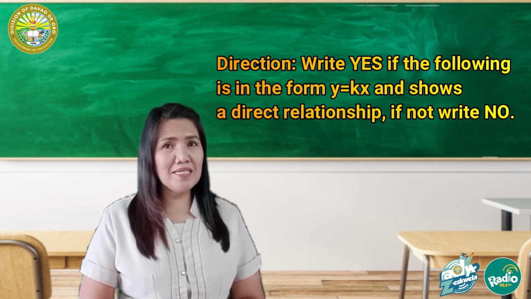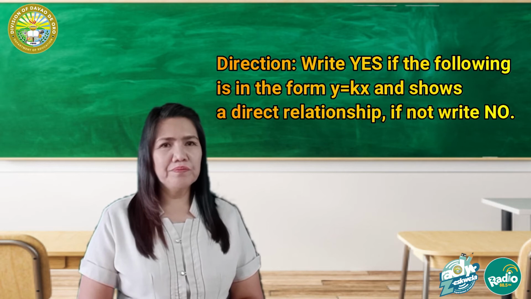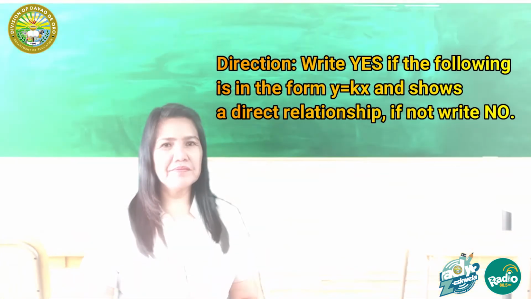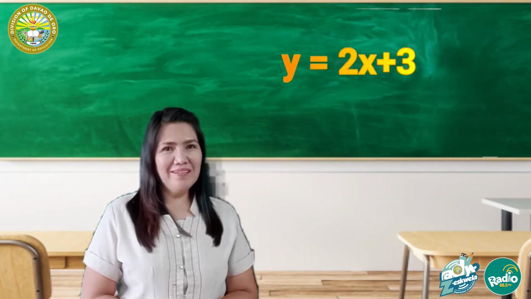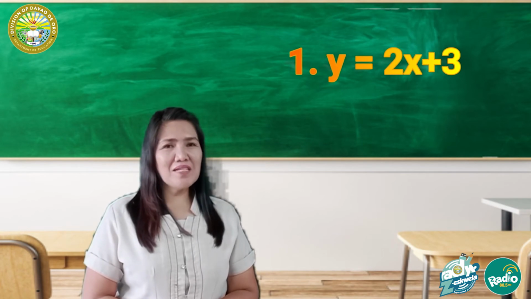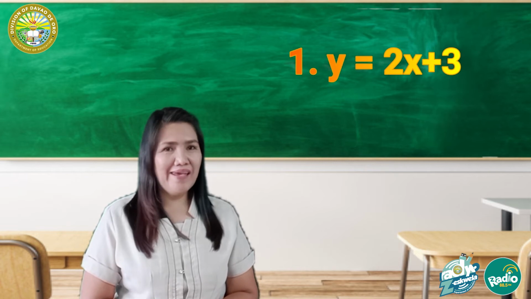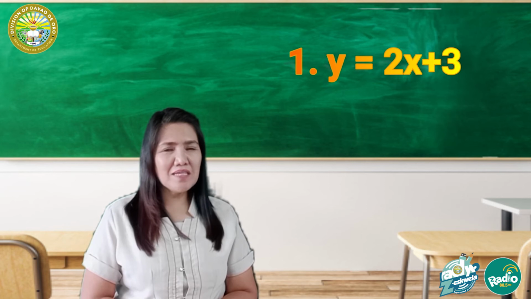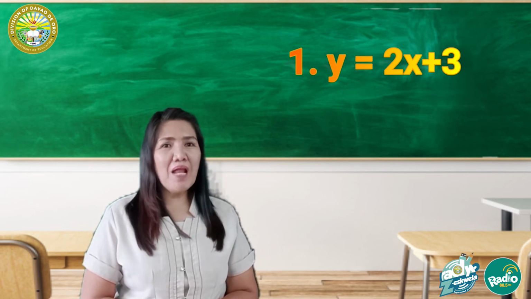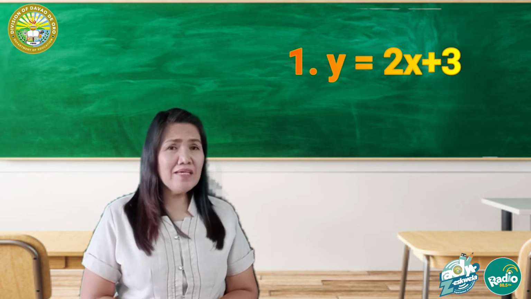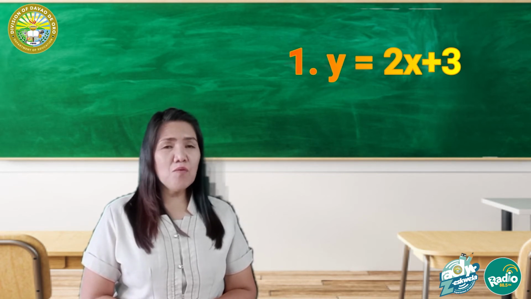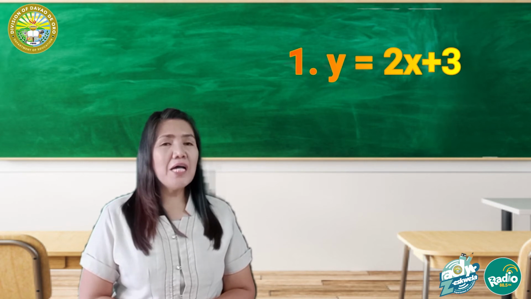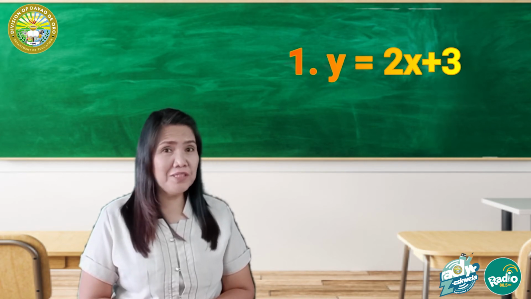If not, write no. Number 1. Y equals 2x plus 3. Again, number 1. Y equals 2x plus 3. Is it in the form y equals kx and shows a direct relationship?